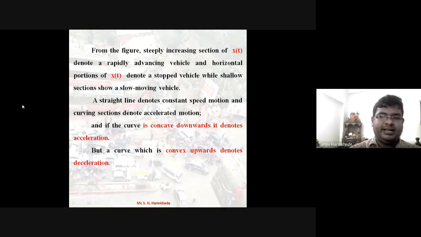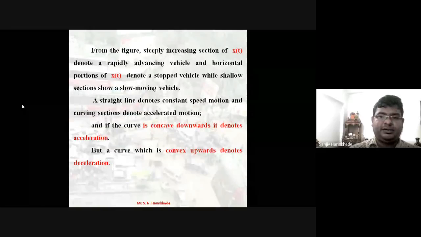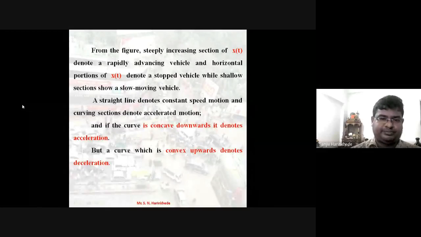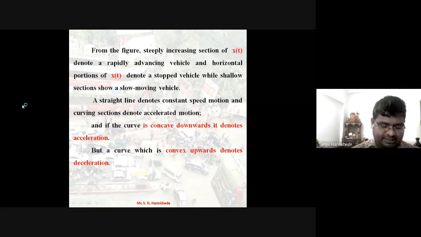A straight line denotes constant speed motion, and a curving section denotes accelerated motion. As we know, the change of velocity per unit time is known as acceleration, and if the curve is concave downward, it is denoted as acceleration, but if the curve is convex upward, it denotes deceleration.